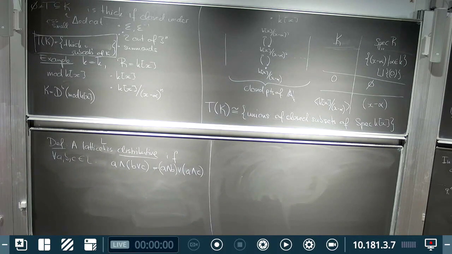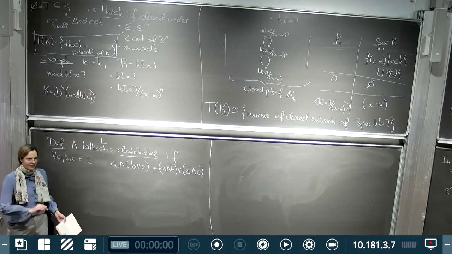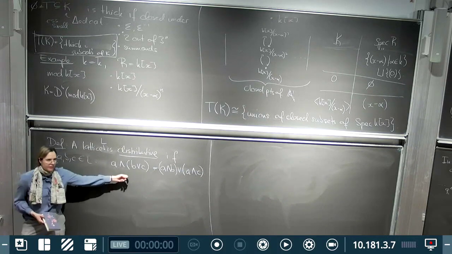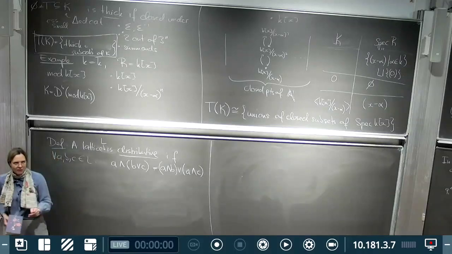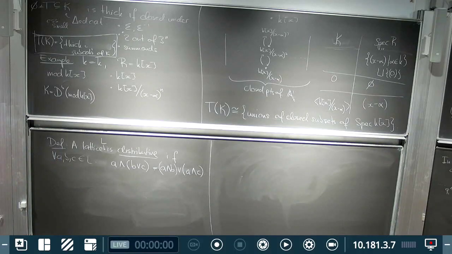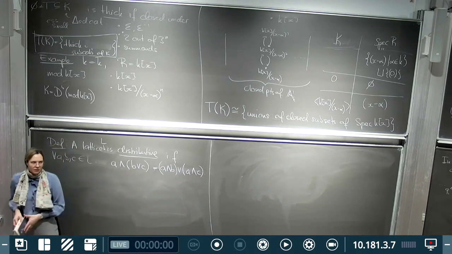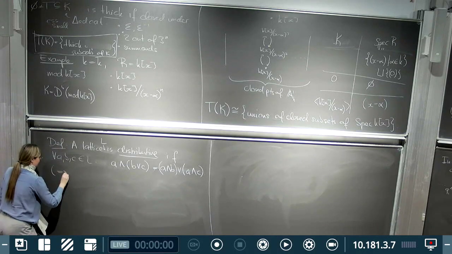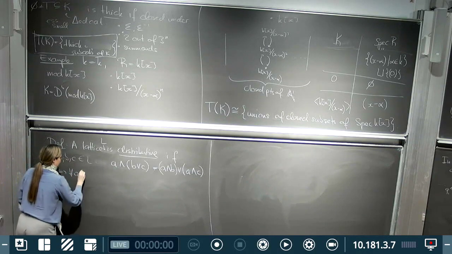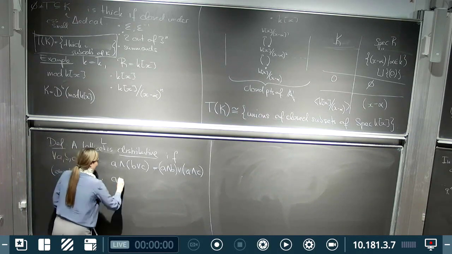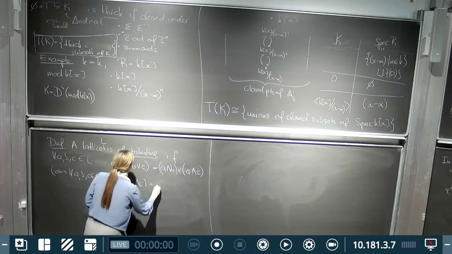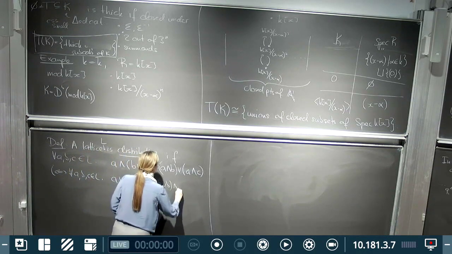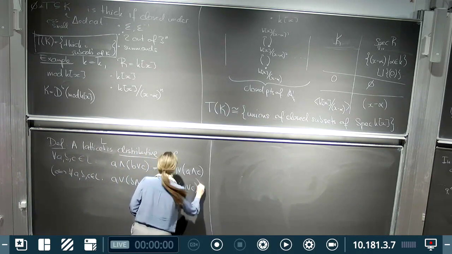That's the definition. A fun exercise is that being distributive is self-dual. If you switch joins and meets, it's still true. So a lattice is distributive if and only if binary joins distribute over binary meets: A join (B meet C) is (A join B) meet (A join C).